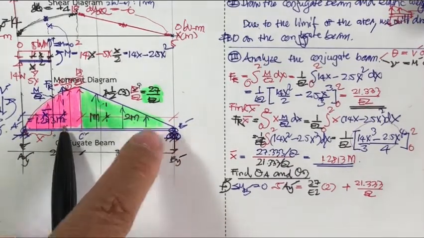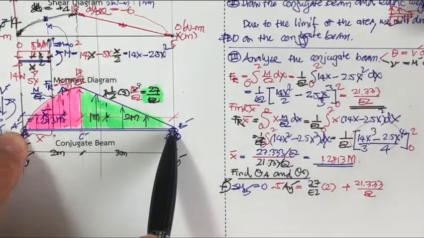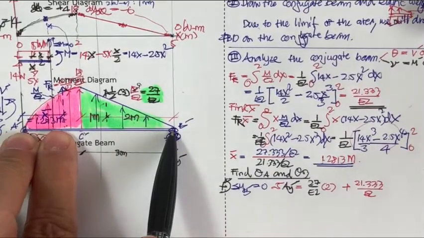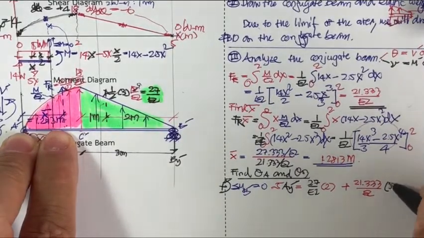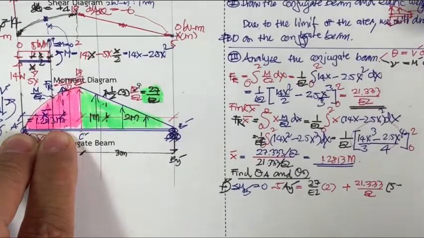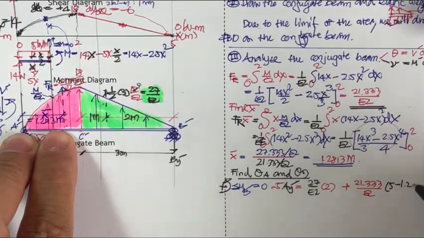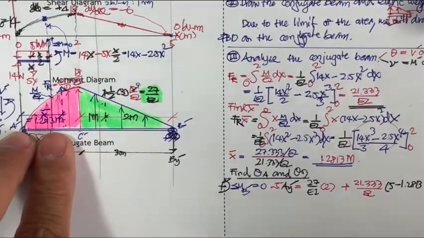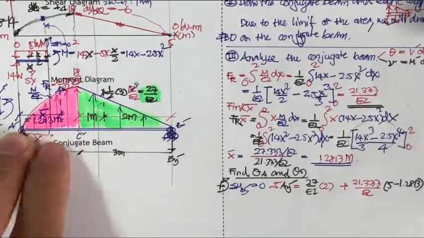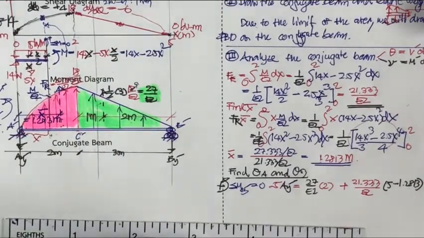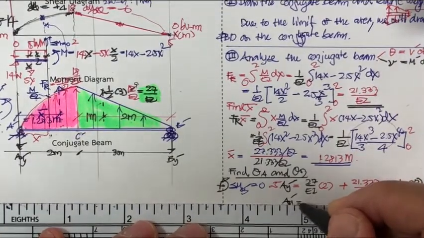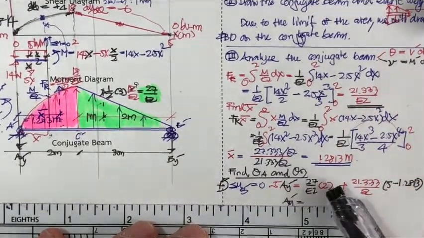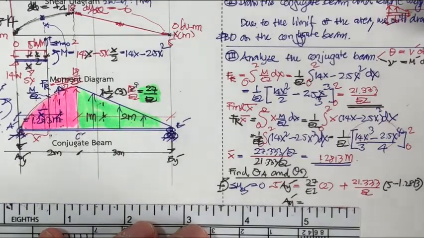You may use 5 minus x bar, so that is going to be 5 minus 1.2813, like this. And then you determine this A sub y prime. A sub y prime is going to be equal to this one and this one, and then divided by 5.